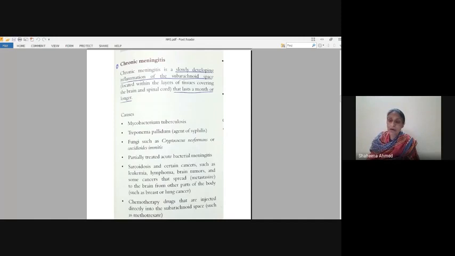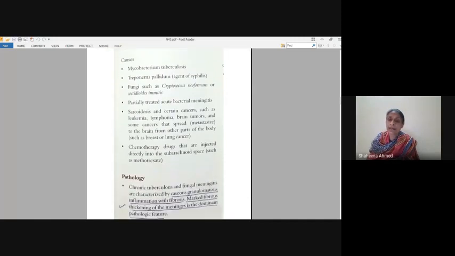If you look at the causes, the bacteria and other microorganisms involved here are relatively more stubborn organisms which have a notorious history of giving prolonged illnesses, like Mycobacterium tuberculosis, Treponema pallidum, different types of fungi, sarcoidosis, and certain cancers like leukemia, lymphomas, brain tumors, and chemotherapy drugs.